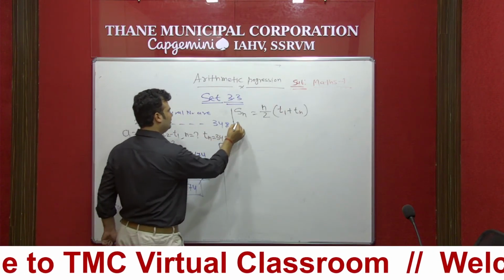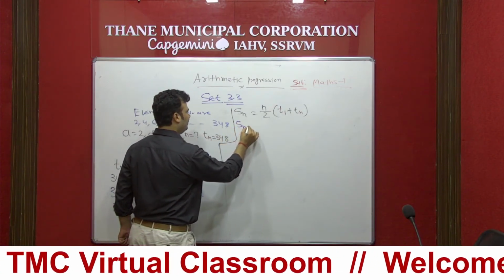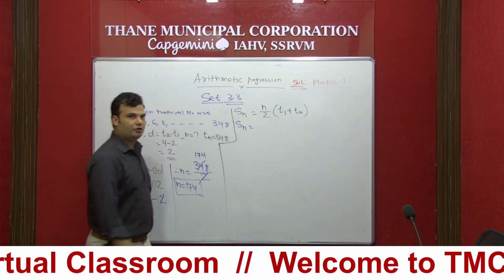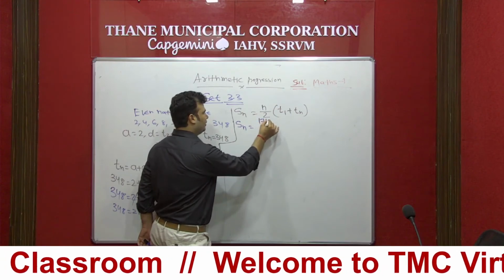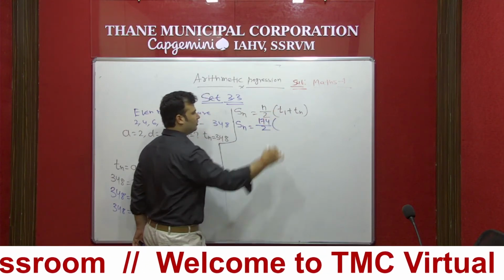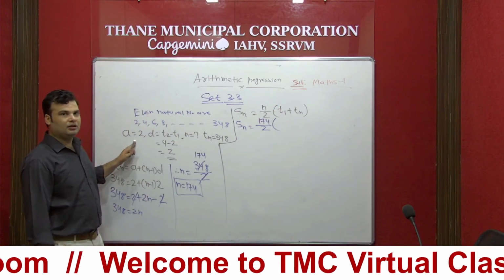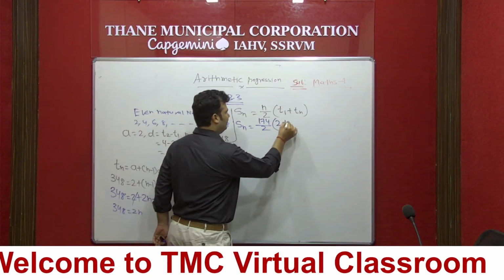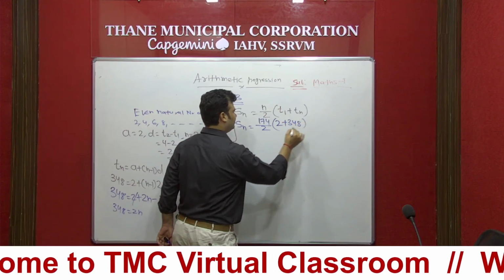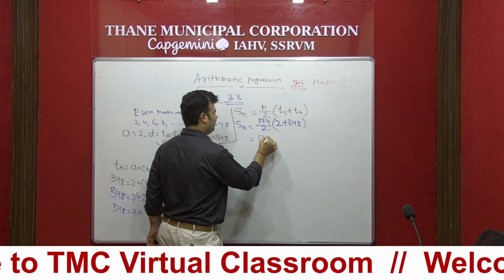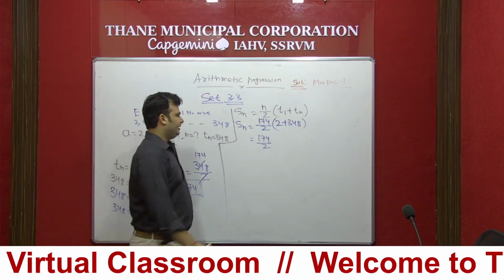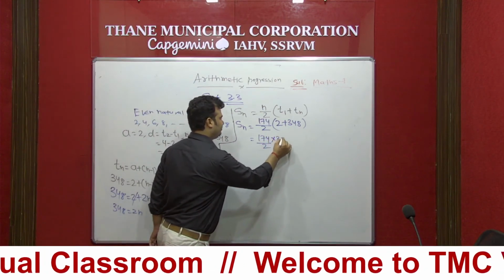So Sn equal to, in place of n, our n is 174. So 174 upon 2, in place of first term, what is the first term? First term is 2 and last term is 348. Now 174 upon 2, 2 plus 348 means 350.